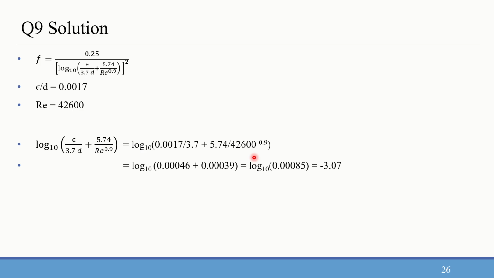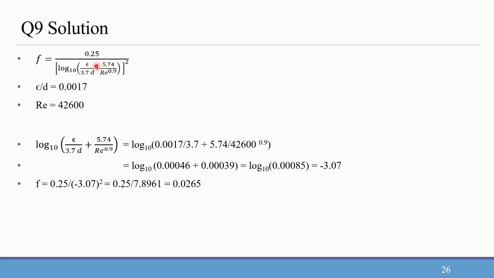So adding both will give us 0.00046 plus 0.00039, which is 0.00085, and taking log of 0.00085 gives us minus 3.07.